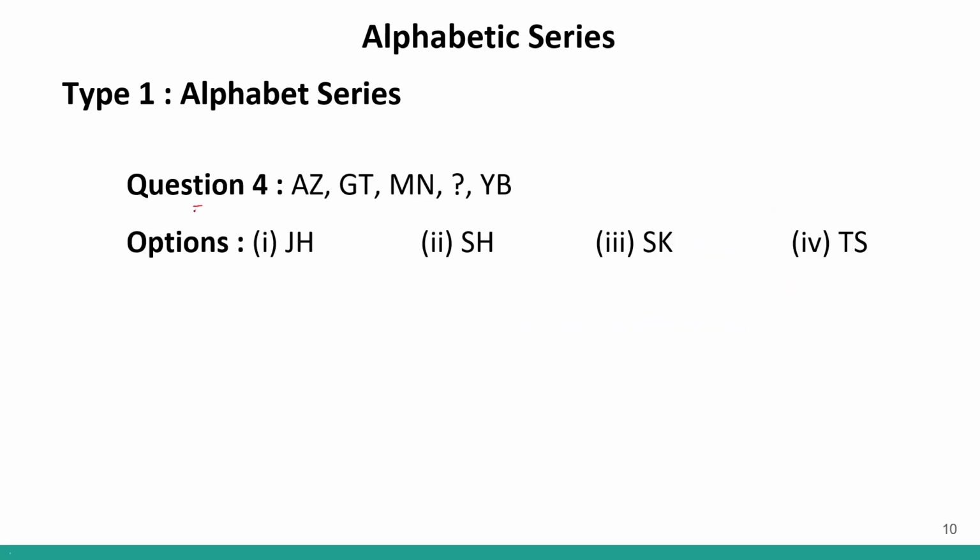Now, question number 4. Again, I am going to give them forward ranks. A is 1, G is 7. M is how much? M is 13. And Y is how much? Y is 25. So this is basically plus 6. 7 to 13 is also plus 6. Correct? If I do plus 6 over here, what will be the number?